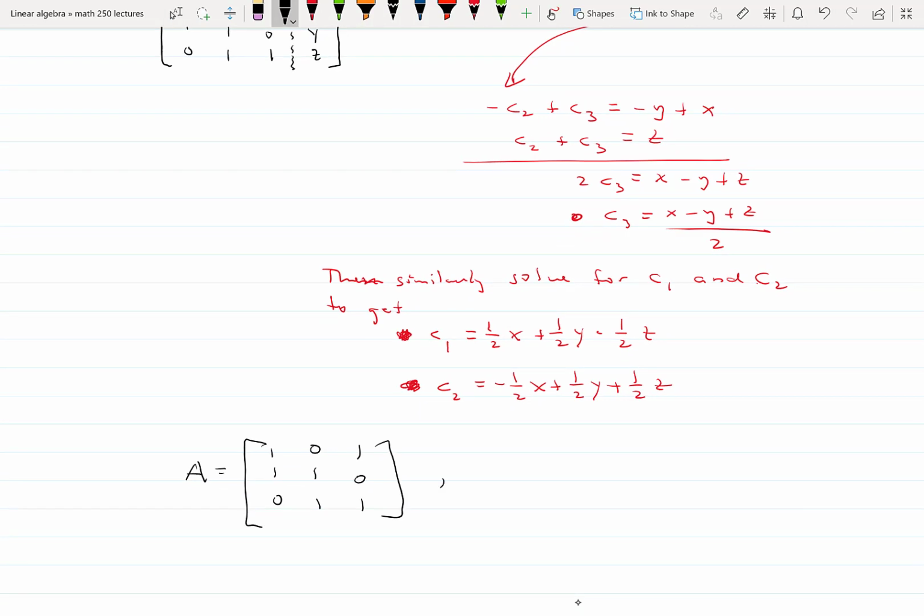And off camera, I found the inverse. The inverse is, I still got it in my calculator, has a lot of 1/2s and negative 1/2s: 1/2, 1/2, negative 1/2. I don't know why your author didn't do this.